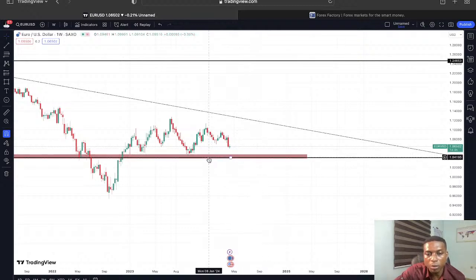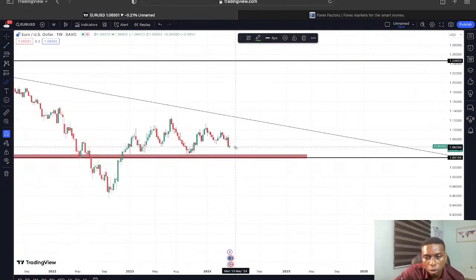So a sell pressure coming in at this level means what? It means that price would definitely touch this level.